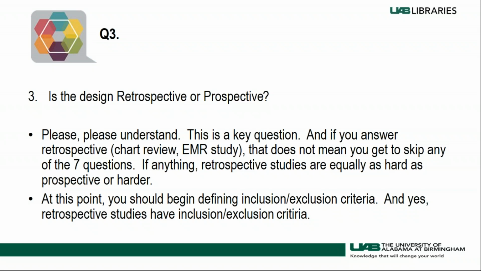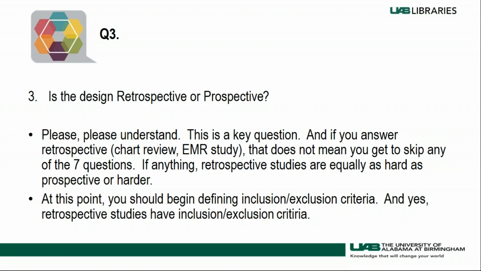Because we want that data sitting over there. It's free. It's free, yeah. You got access to it. All right? So, also always remember, though I did not emphasize, I think this is a reasonable place to start thinking about inclusion, exclusion criteria. Doesn't matter whether it's retrospective or prospective.